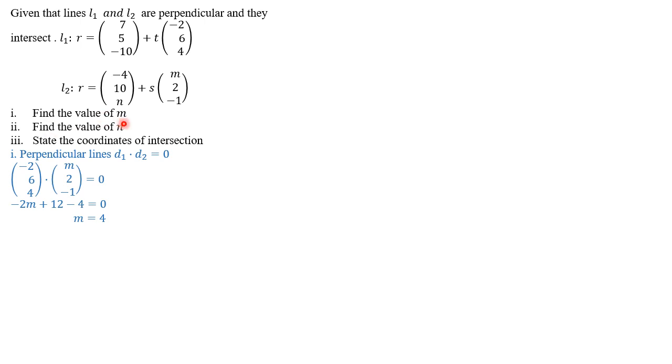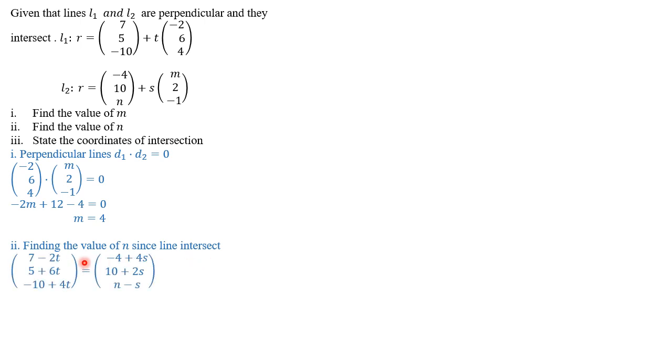Now if you look closely, they say these lines intersect. If they intersect, it means the equations are consistent. So we equate these two lines and solve for the values of t and s. To find the value of n, since the lines intersect, we equate the lines.